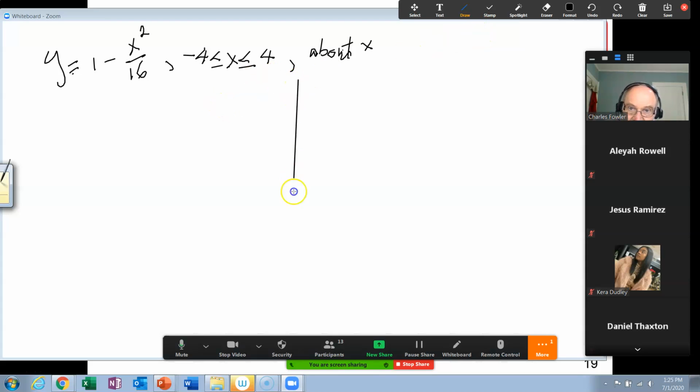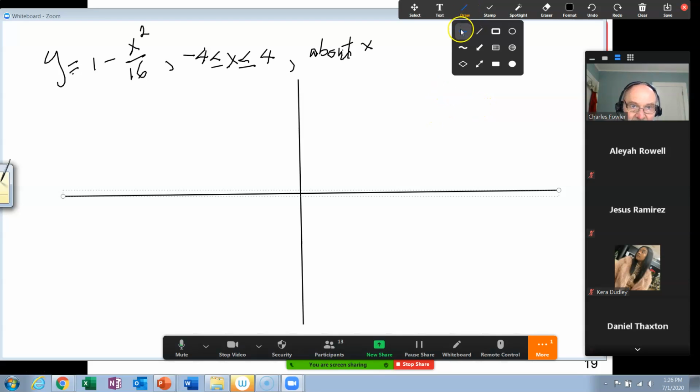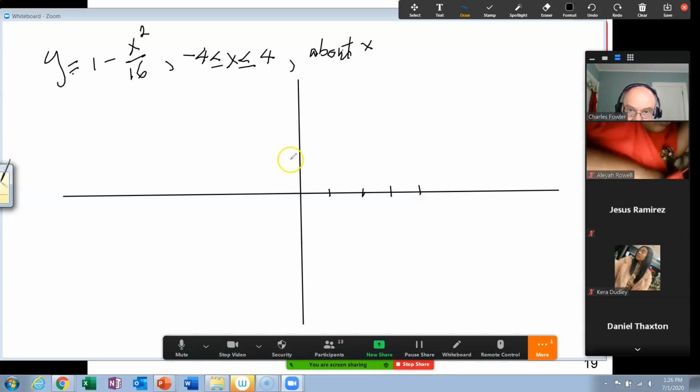Okay, so let's give an approximate vertical line, which is nowhere close, and an approximate horizontal line, which is nowhere close. Okay, and then tick off my points. I think I prefer to tick them off here. So you have 1, 2, 3, and 4. 1, 1, 2, 3, and 4, and 1 down here.